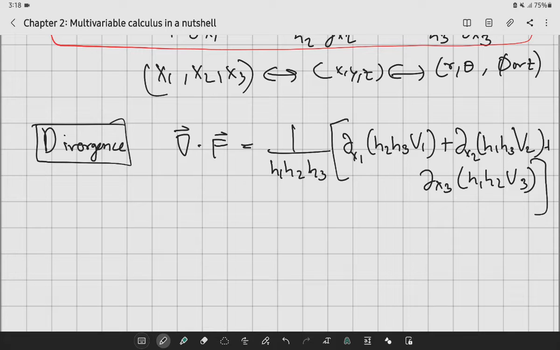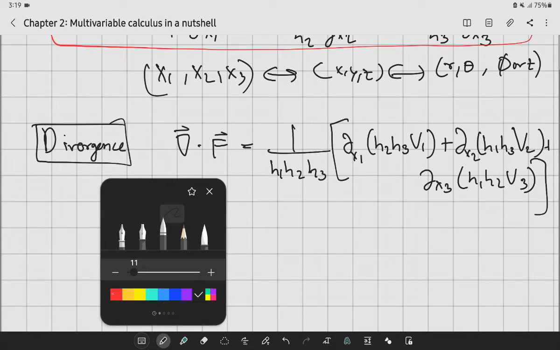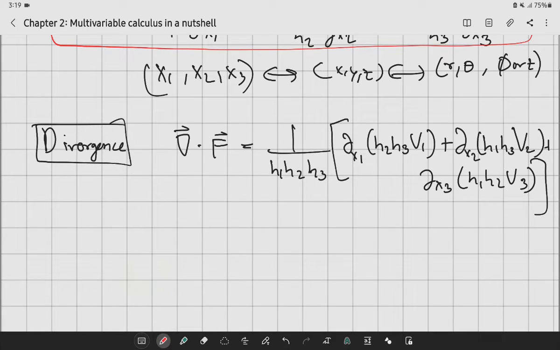This is the divergence in general. And if you substitute the scale factors, you'll see that you'll get back the divergence we defined in the Cartesian, in cylindrical, and so on. Okay, so there's one thing that I have to mention here. This quantity h1, h2, h3, in Cartesian it's 1.